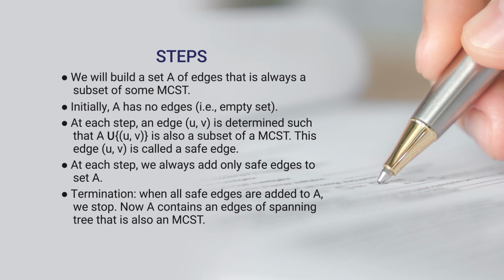Another thing is termination. How will you stop? You will stop when you are able to add as many edges as you can without getting any kind of cycle, and when all the safe edges have been added. A safe edge is an edge by adding which a cycle in the graph is not formed.